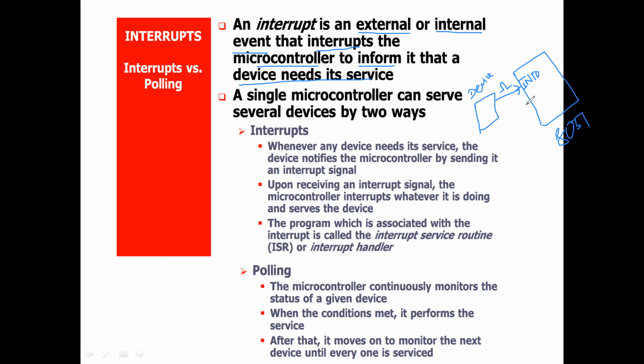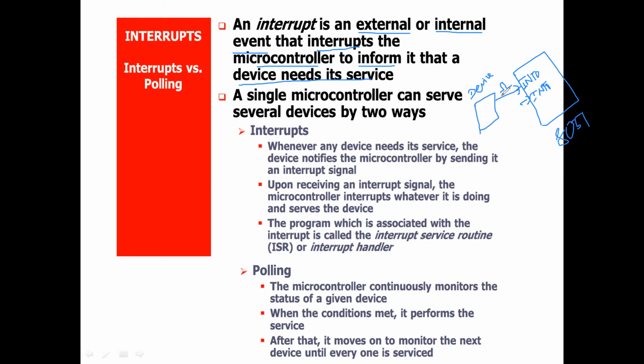These two pins are external pins. If any device gives an interrupt signal to the 8051 controller, then by default the 8051 will be executing the main program, so it will be doing some other operation.